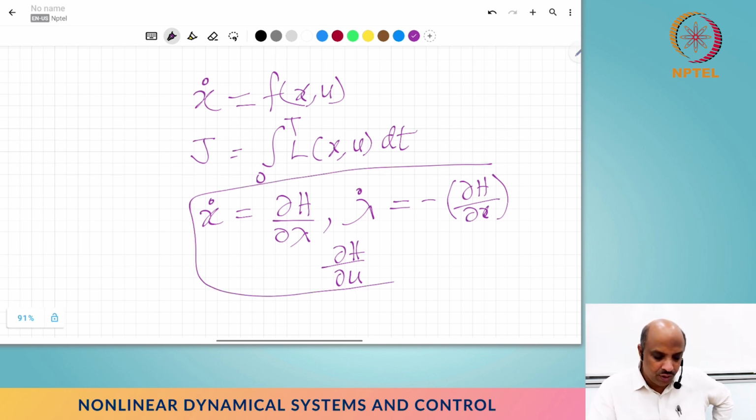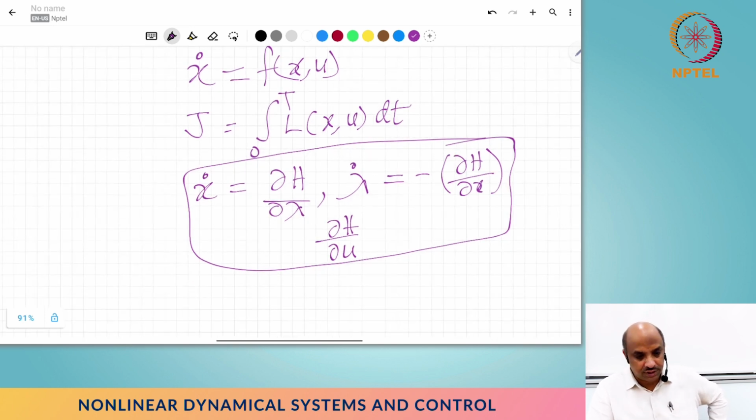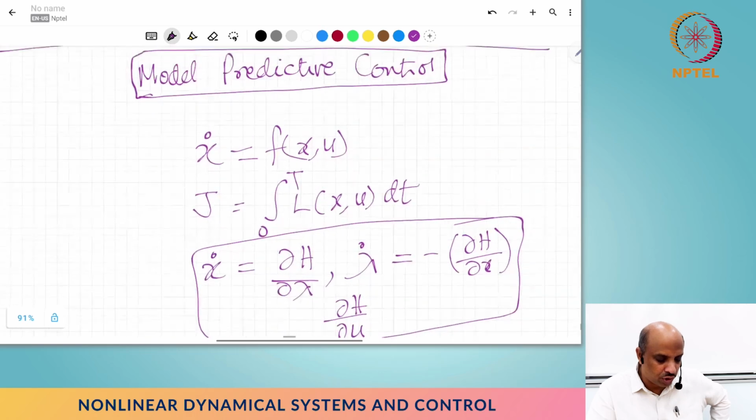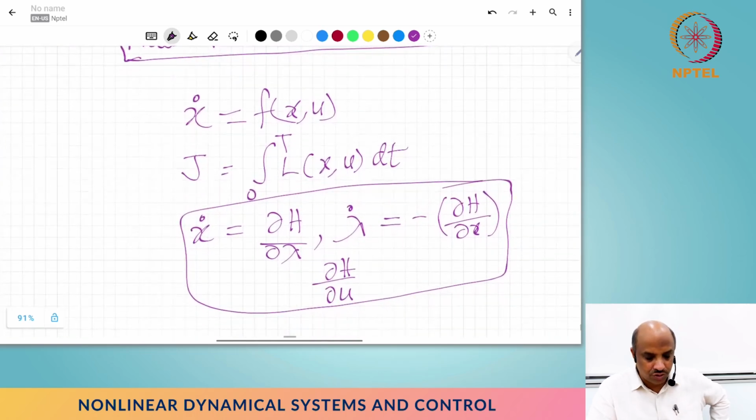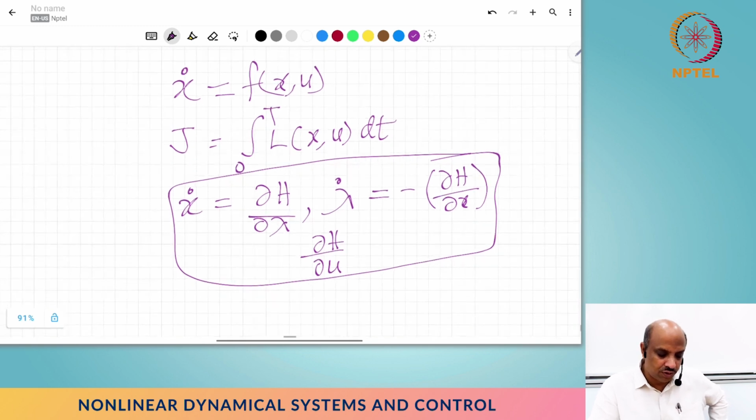All those methods can be applied and solved, right? But the technique of moving horizon, also called receding horizon, model predictive control, has other names, but these are the most popular ones.